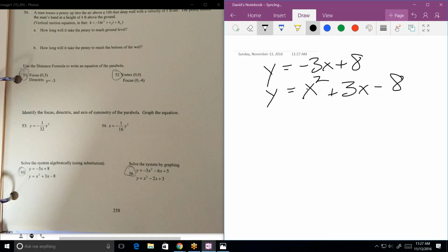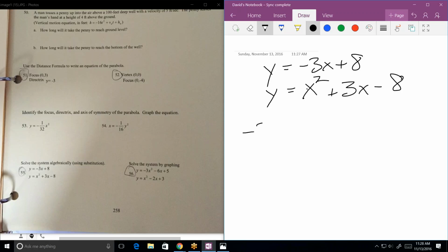So they're telling me this y is equal to this, while at the same time that same y is equal to this. So what's the next thing I should do? Substitute. Correct. So read the next line to me.